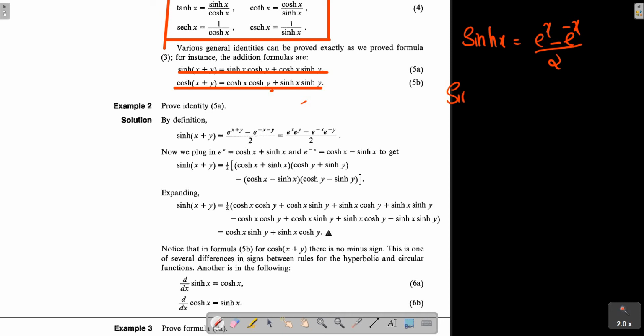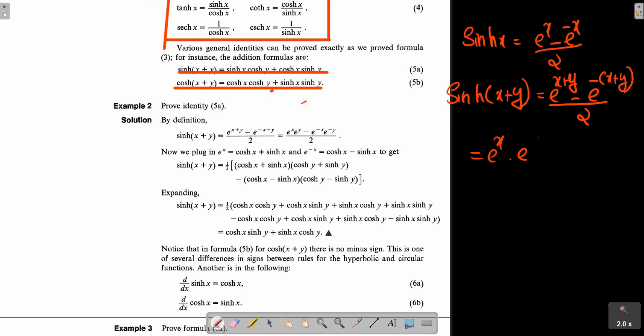So sinh of x plus y is equal to, replace x by x plus y, e raised to x plus y minus e raised to minus of x plus y divided by 2. That's equal to e raised to x into e raised to y minus e raised to minus x into e raised to minus y, whole divided by 2.